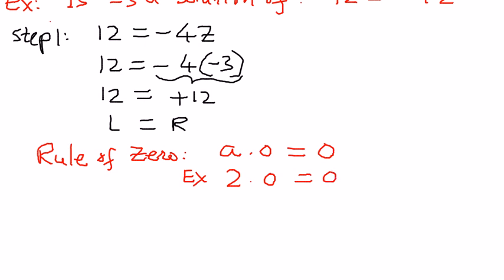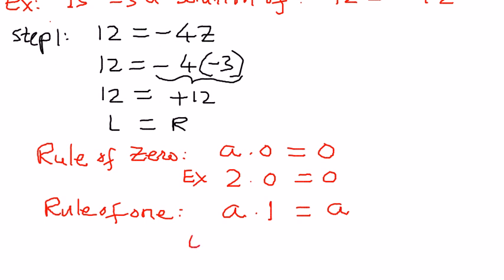The other rule is as follows: the rule of 1, the multiplication rule of 1. And what is this telling us? If I have a number a, and if I multiply by the number 1, the value is going to be the same as the original value, which is a.